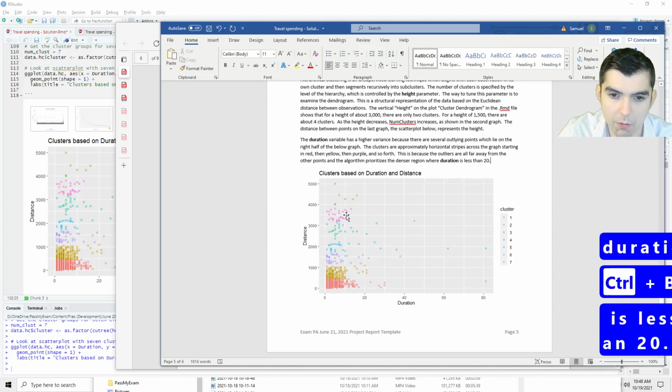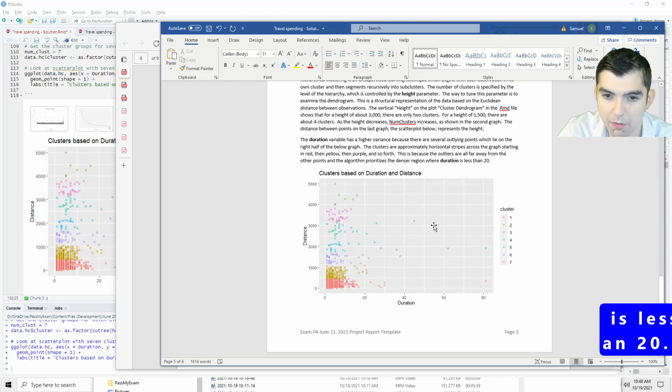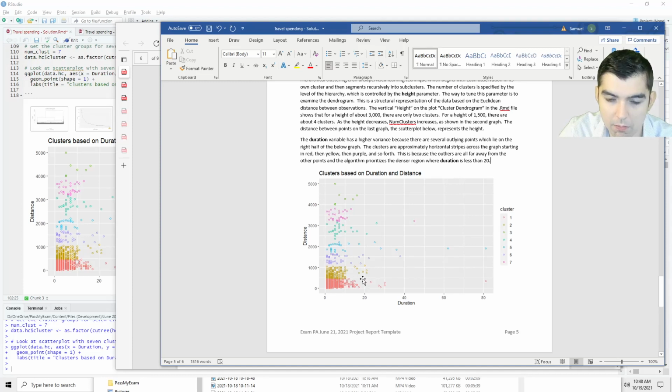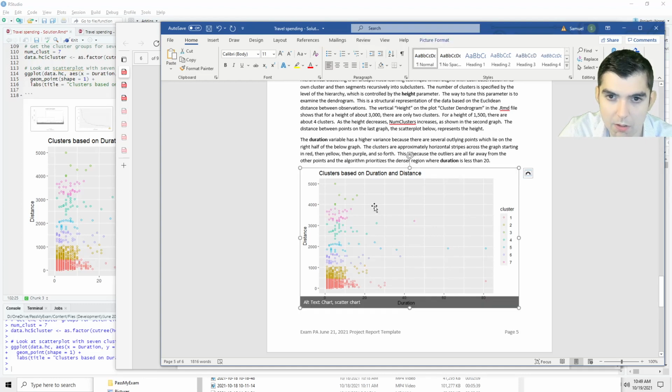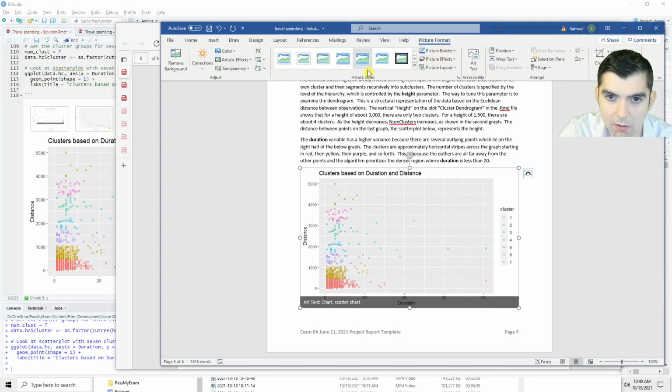So it's really just focusing on this left half of the graph, because this right half of the graph is very sparse. And if you look on this side, you can see that most of these points have these different clusters. Like if you take this image and crop.